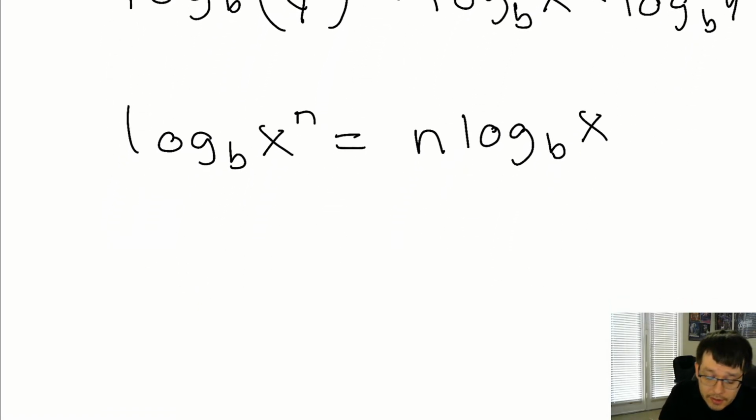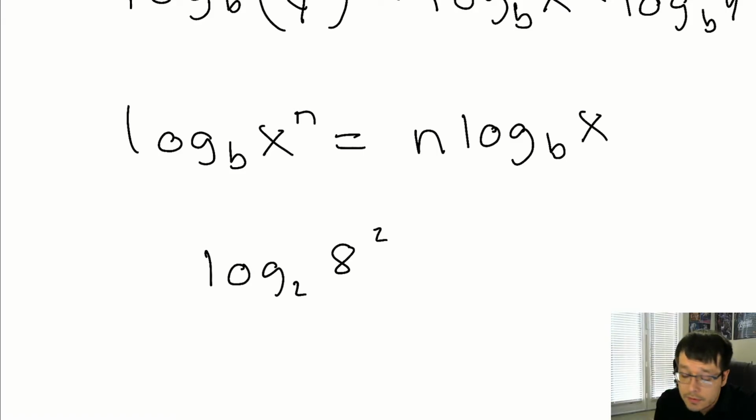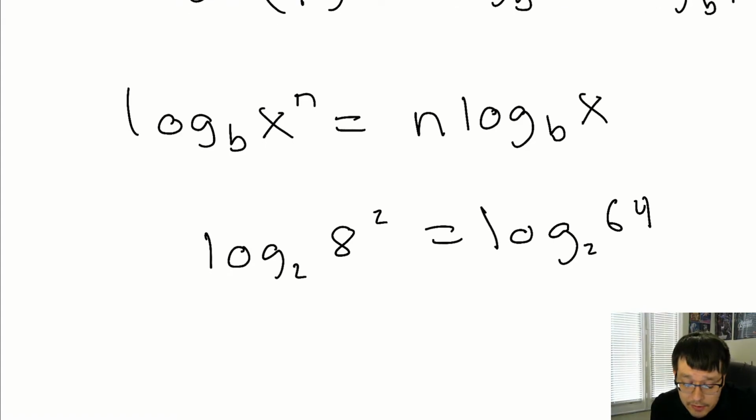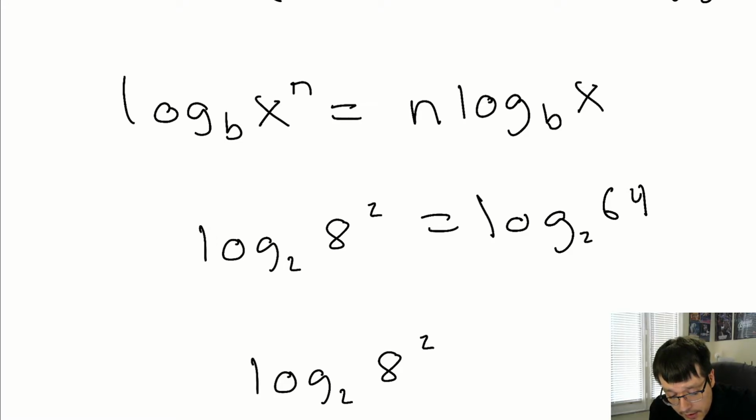So what I'm saying is, if you have something like log base 2 of 8 squared, so that's the same thing as saying log of 64, right? I can literally take this little square part and bring it down like that.